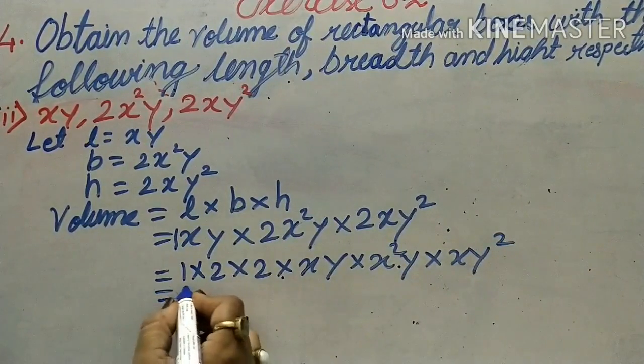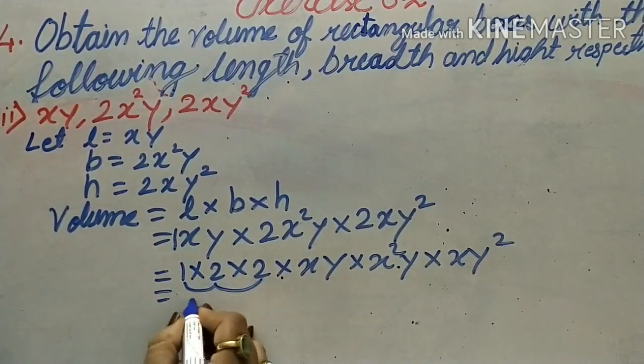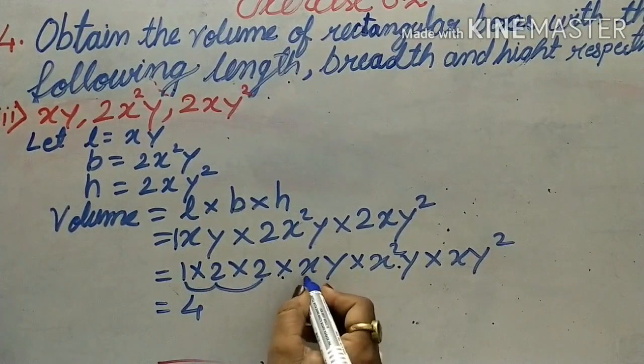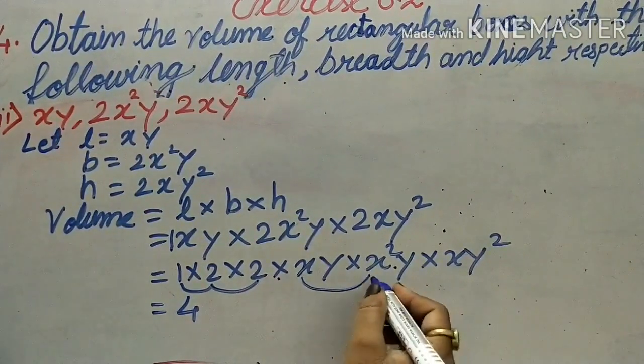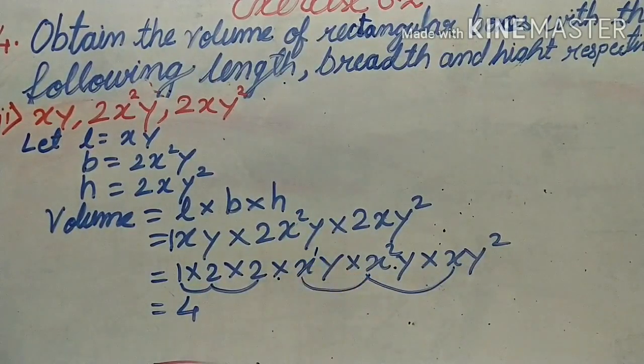Now multiply. 1 2s are 2, 2 2s are 4. Now here see x into x square into x, means here no power means always we have to consider it as 1. When base are equal, multiplication means we have to add the power.